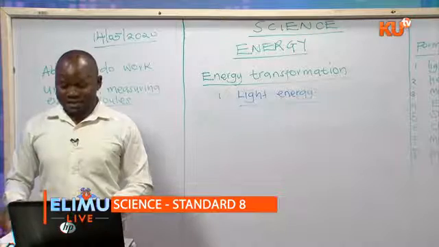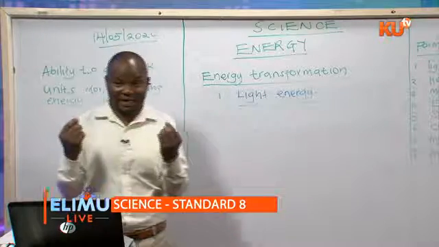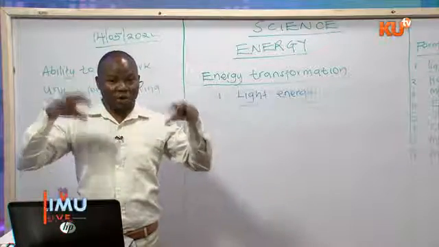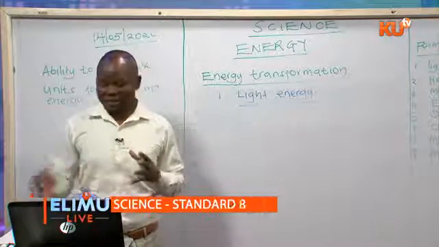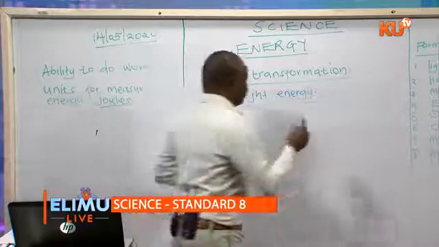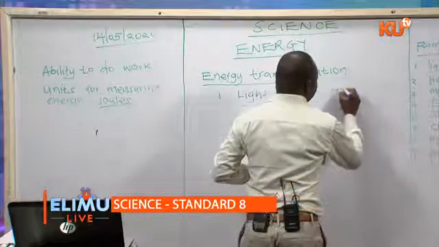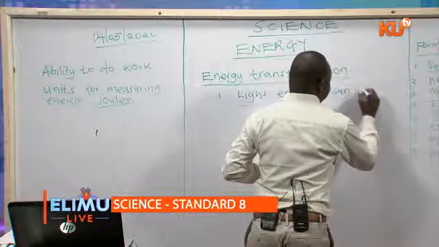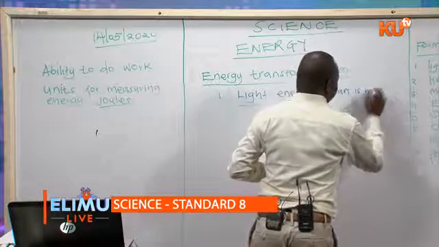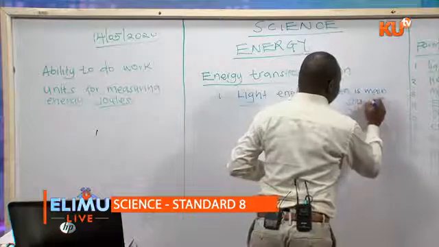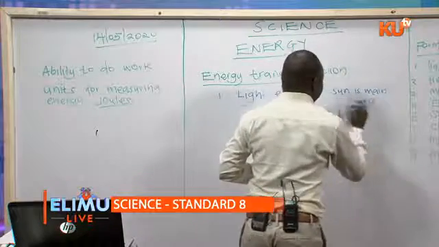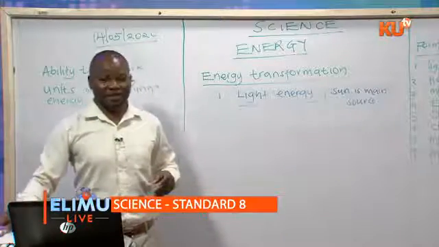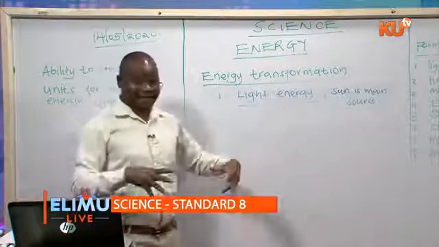I want to say that the main source of light and heat on planet Earth is what we call the sun. Sun is the main source. Get that one. Sun is the main source of energy on planet Earth.